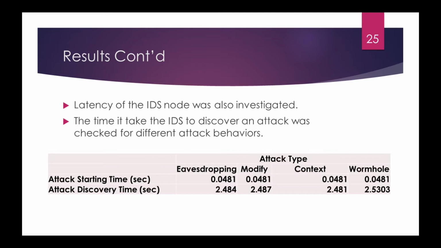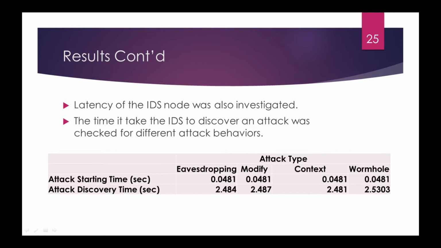The fog node is able to identify all attacks correctly, and it takes this much time to know for sure whether the node is an intruder or not. This time here is when the node is compromised, and this is the time when it was discovered.